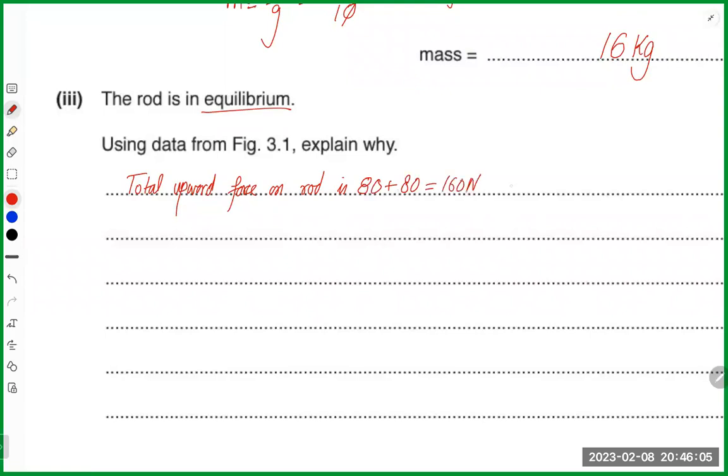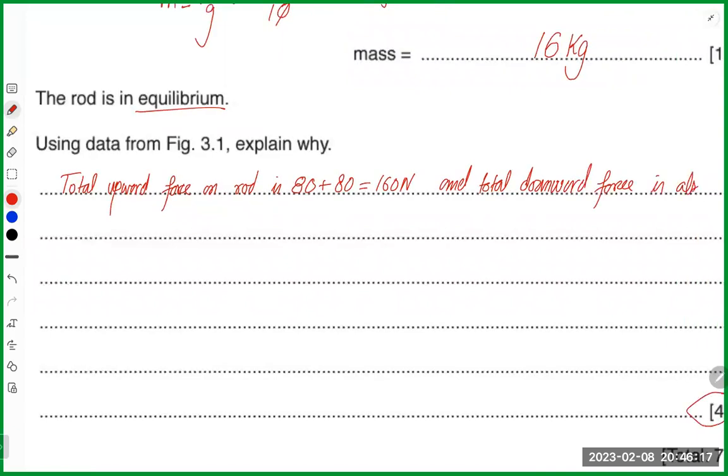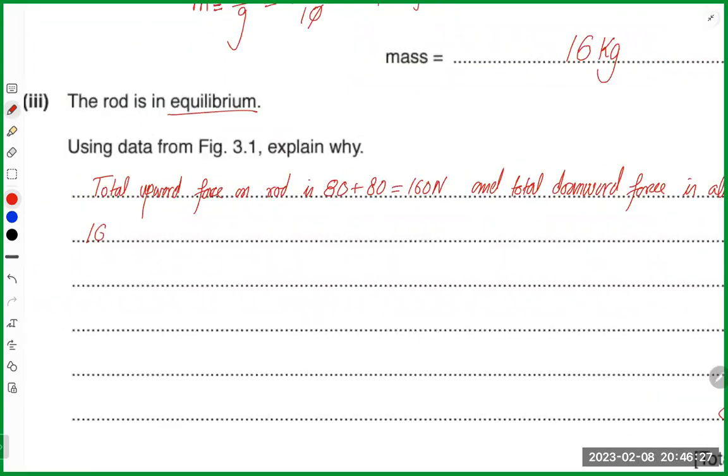And total downward force is also 160 Newton. So no net force.